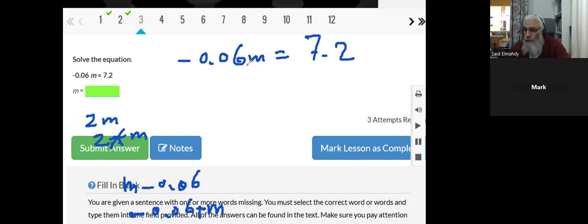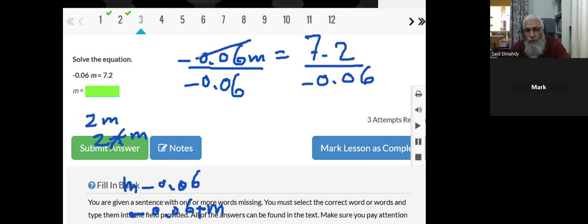So 0.06 is multiplied by m. To undo it we divide, because the opposite of multiplication is division. So we divide by negative 0.06 on both sides of the equation. A positive number divided by a negative number equals negative.